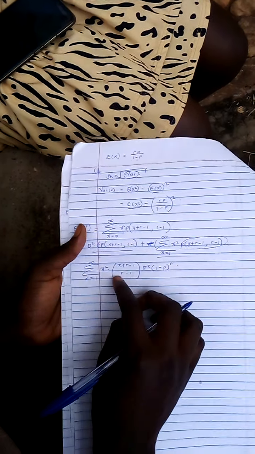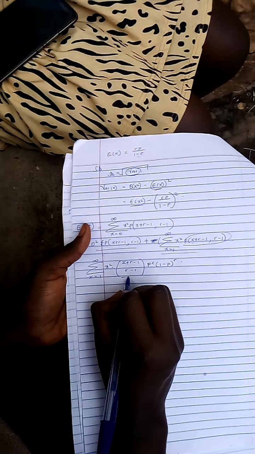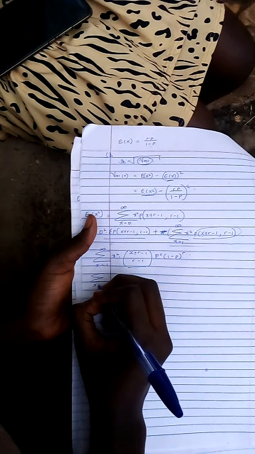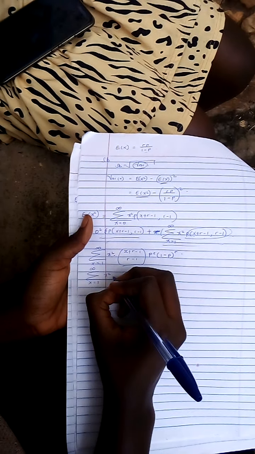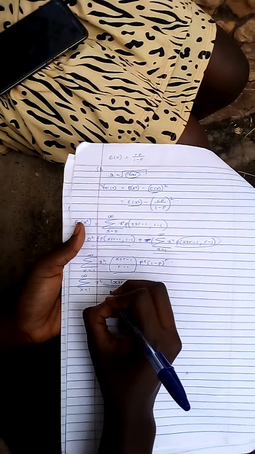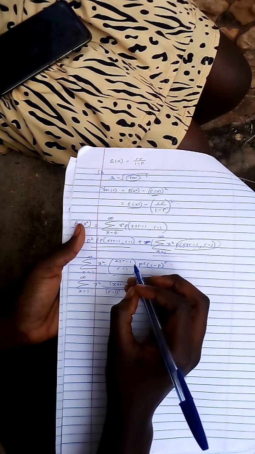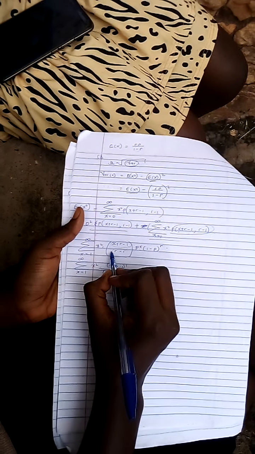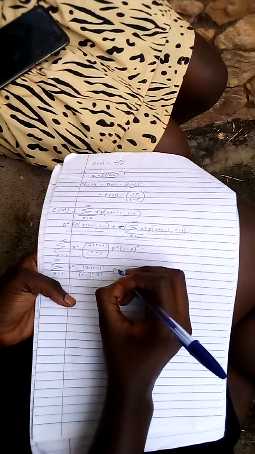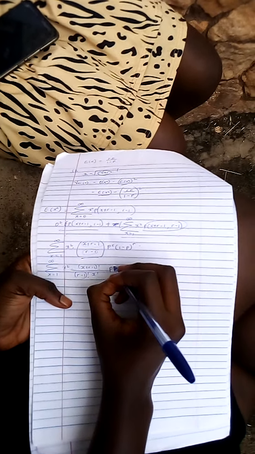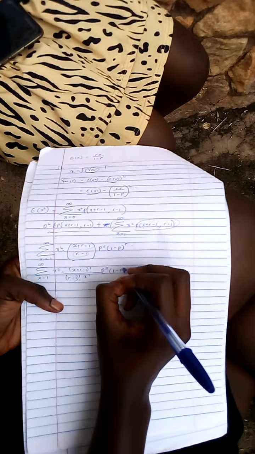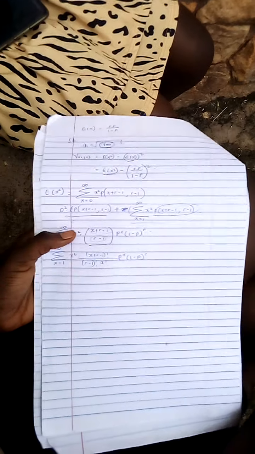So now we are going to simplify, or rather factorize it: x squared times (x plus r minus 1) factorial over (r minus 1) factorial times x factorial, times p to the x, times 1 minus p to the r.